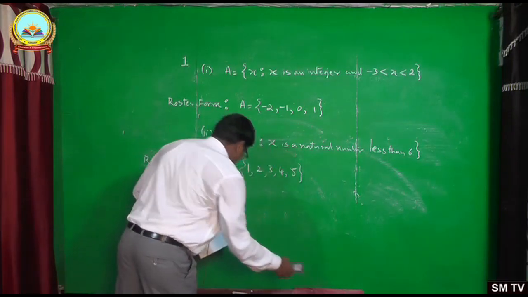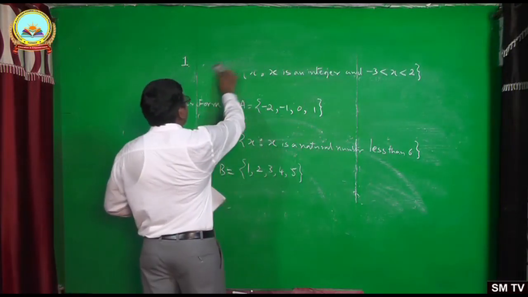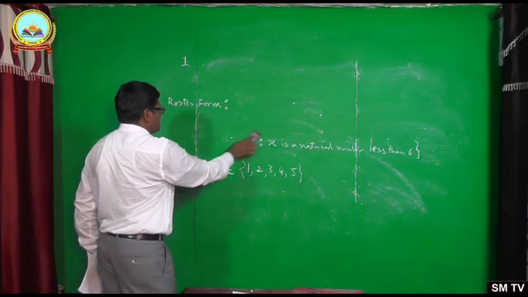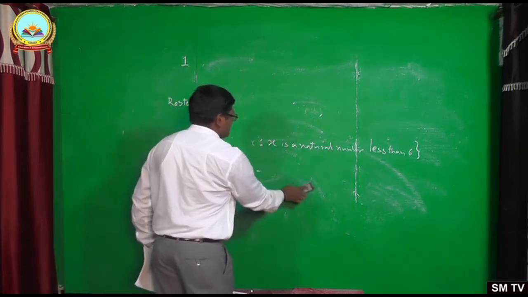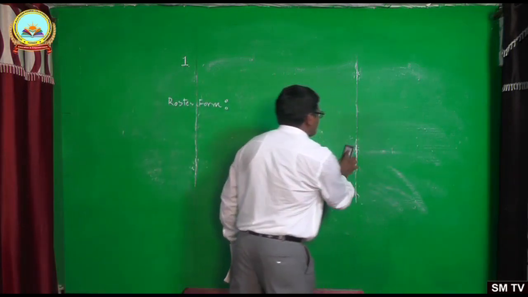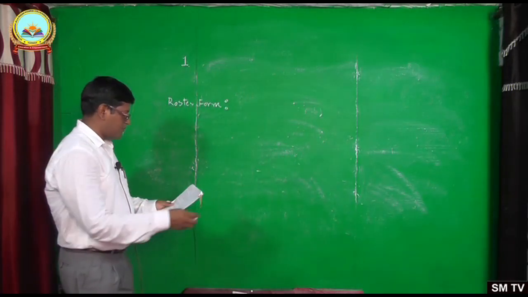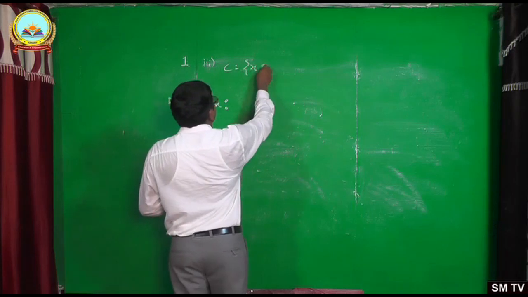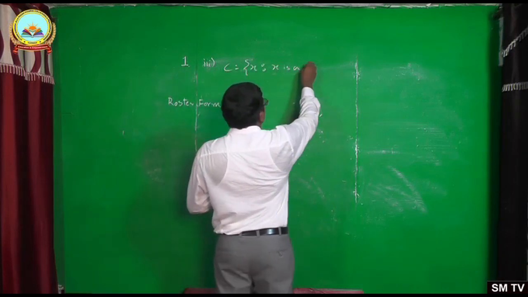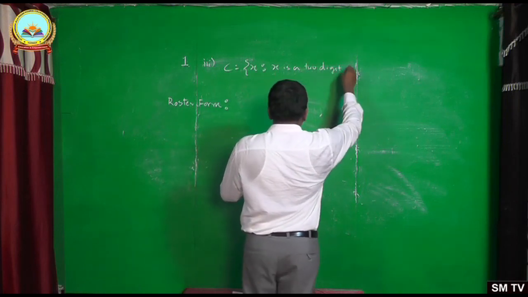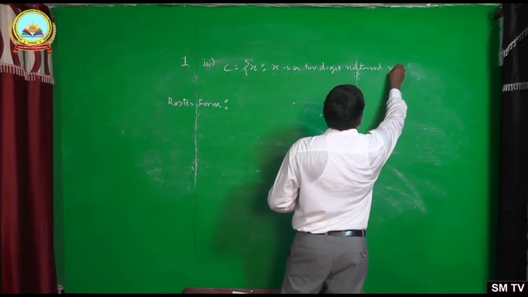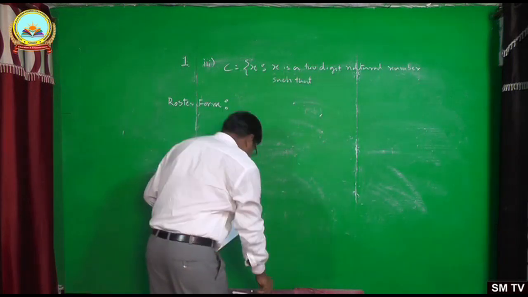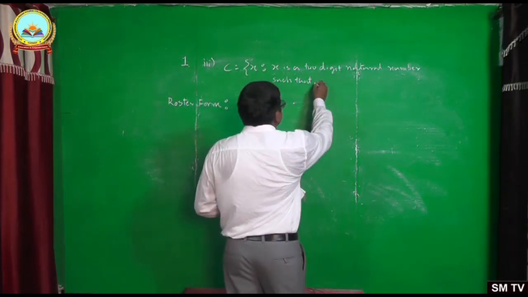Next, problem number 3. C is the set of x such that x is a two-digit natural number such that the sum of its digits is 8.